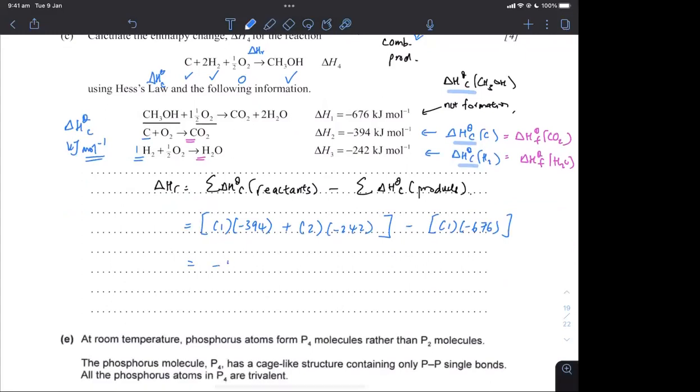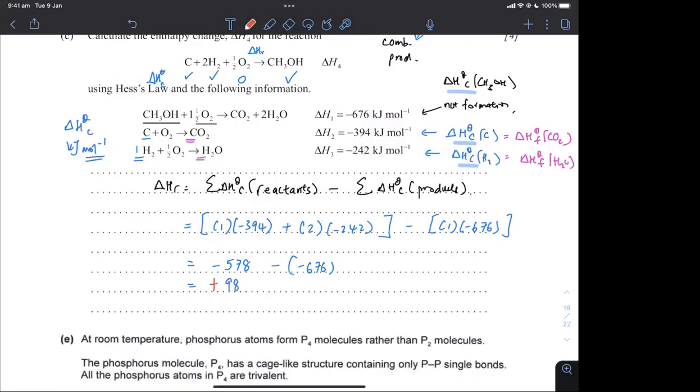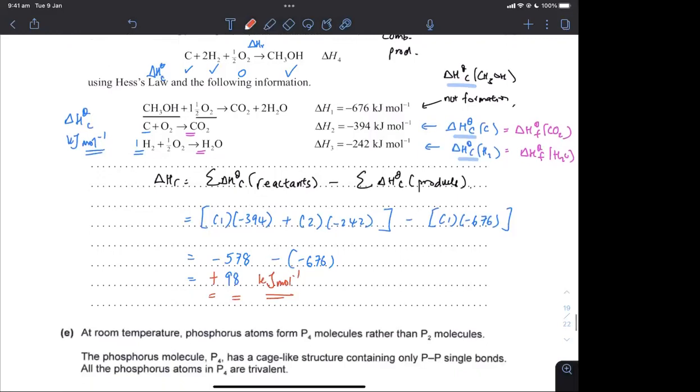I get the first bracket, minus 578, and then I get the next one from that. As with any mathematical calculation, keep your working tidy, otherwise you may lose 1 mark because the calculator doesn't show that. You must remember to have a sign, a value and a unit, especially for physical chemistry. Hopefully that makes sense.